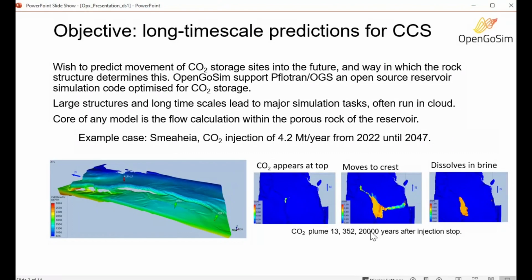We go forward 20,000 years, the injection stopped, and what you can see is the CO2 started to dissolve. CO2 is soluble in brine, it falls into the brine, is heavier than the original brine, falls down into the reservoir, and possibly in the long term, it will mineralize with the metallic ions in the reservoir to form salts.